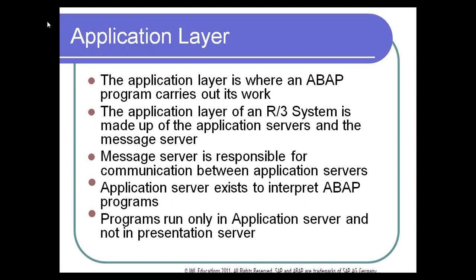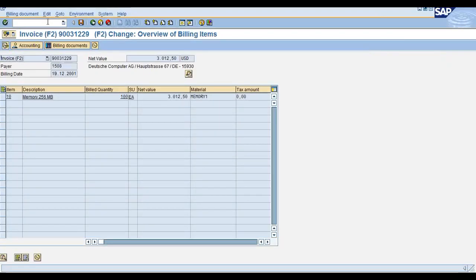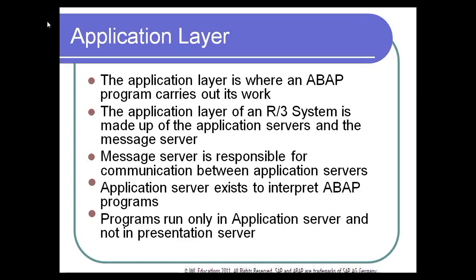It interprets whatever code you write and performs those tasks. Programs run only in the application server, not in the presentation server. So remember this, when I'm executing these programs, all of them are running in the application server, not in my system locally.